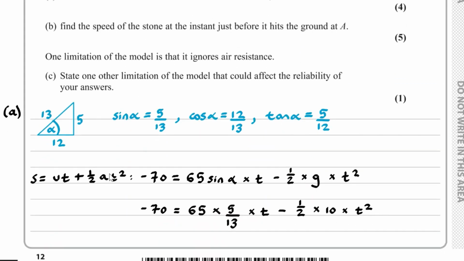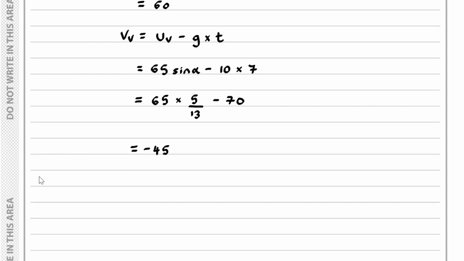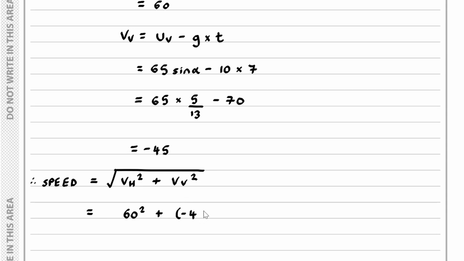What we need to do is find out the speed. So therefore, for the speed, we have v horizontal squared plus v vertical squared, all square rooted. V horizontal, that's 60, so we've got 60 squared, v vertical, that's minus 45.